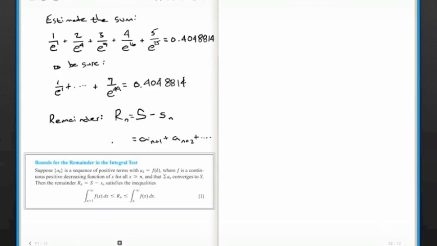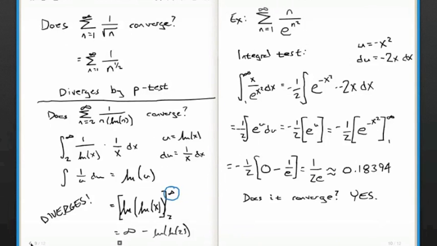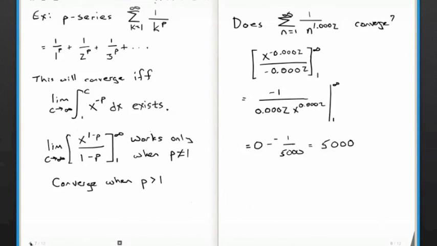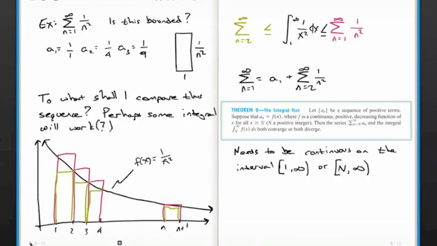So let's think about why that is. Why is our remainder going to be greater than the n plus 1, but less than the n? Let's go way back to this picture. Here we go. Remember that with this n plus 1 thing, I shifted it over to get some green rectangles that are less than the integral. The green represented n plus 1.